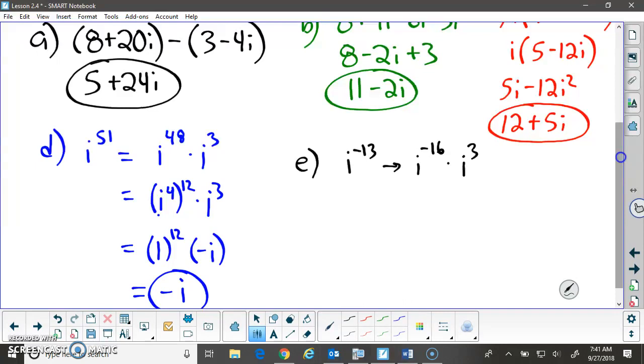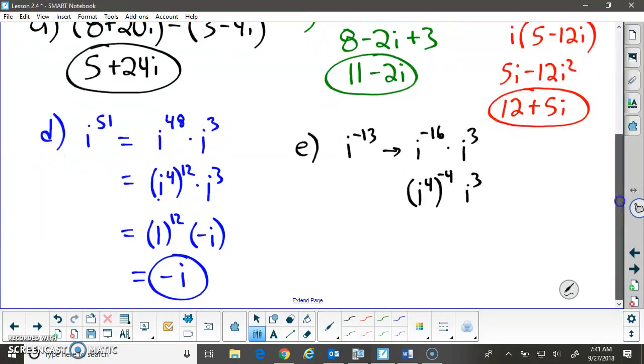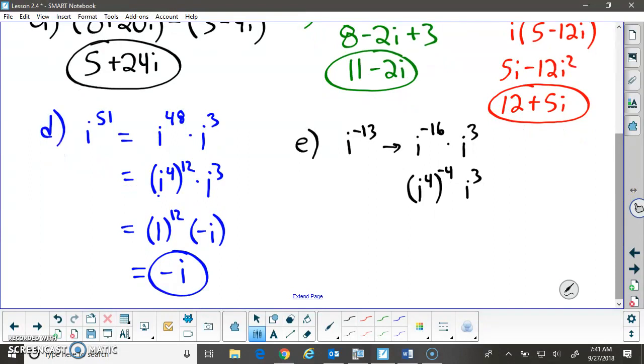The reason why I do this is because that I to the negative 16 is the same thing as I to the fourth to the negative 4. Still got the I to the third. And now I to the fourth is equal to 1 to the negative 4. Again, I to the third is equal to negative I. And so this whole expression simplifies into negative I.